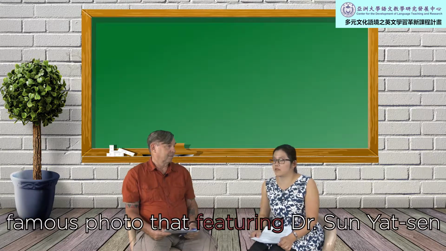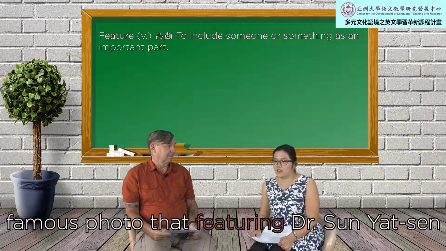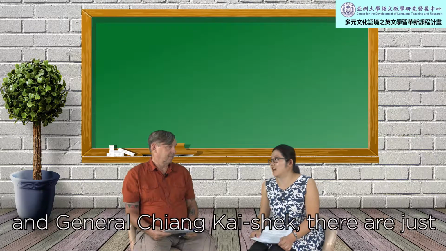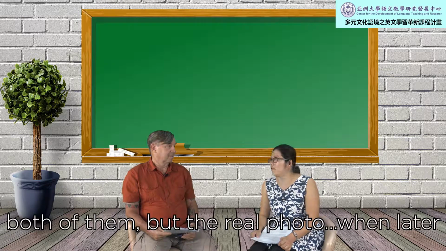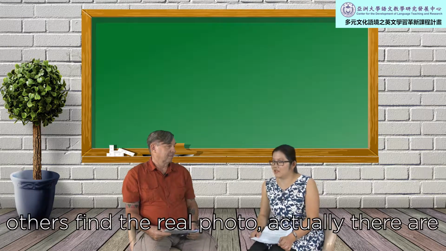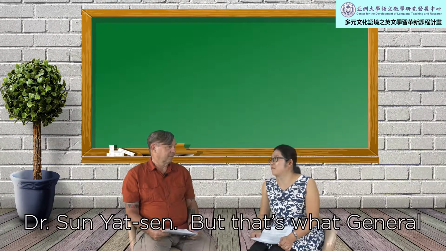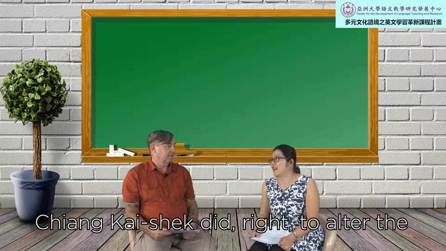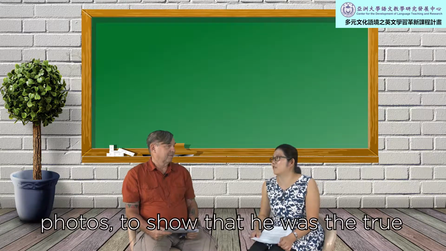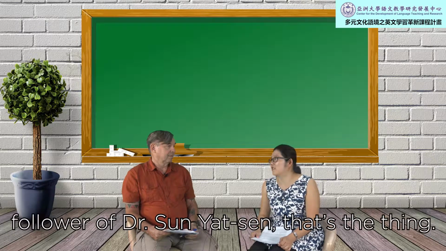There was a really famous photo featuring Dr. Sun Yat-sen and General Chiang Kai-shek. They're just both of them. But when later others found the real photo, actually there were two other generals standing behind Dr. Sun Yat-sen. But that's what General Chiang Kai-shek did, to alter the photos, to show that he was a true follower of Dr. Sun Yat-sen. That's the thing.